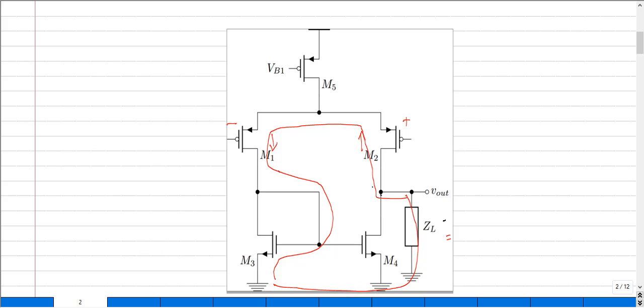And again, when a current flows through this diode connection, it also creates a current through the drain of M4, which again gets connected like this.